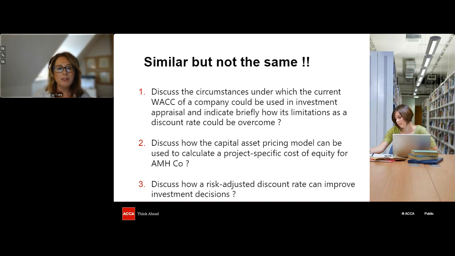Number 3 says discuss how a risk-adjusted discount rate can improve investment decisions. Absolutely, you're going to explain that if you've got a project with a different business risk, a different financial risk, and is large compared to the company, you need to use a risk-adjusted discount rate. But you then need to go on and answer, how does it improve investment decisions?